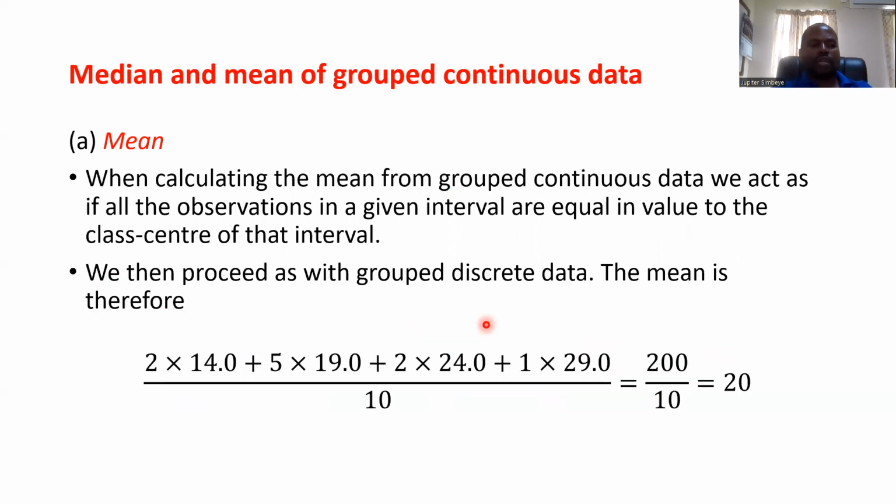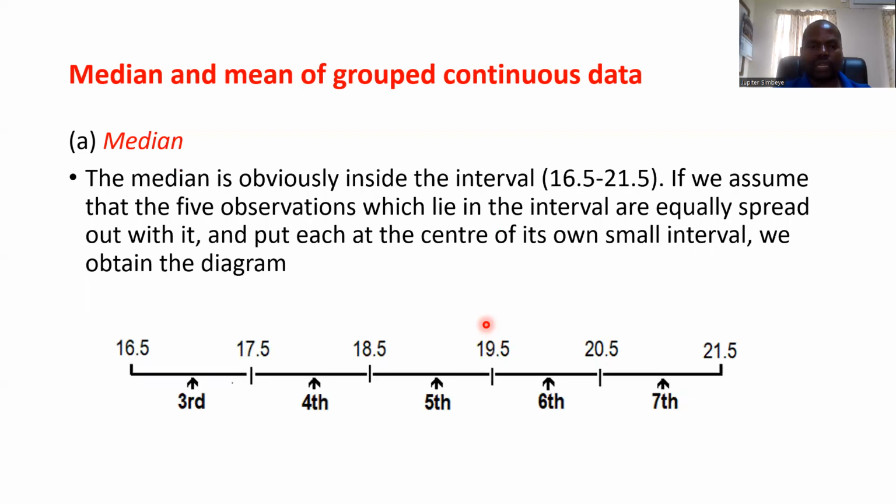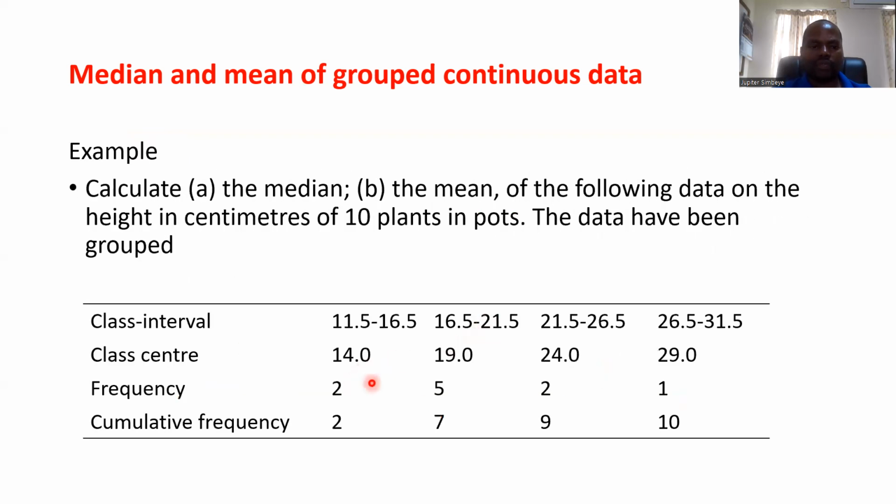So if we want to calculate the mean, then we need to know how many observations are falling in each particular interval. For example, in this interval we have 2, that interval we have 5, this interval we have 2, this interval we have 1.